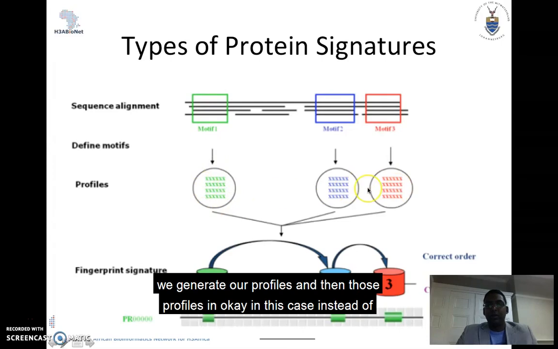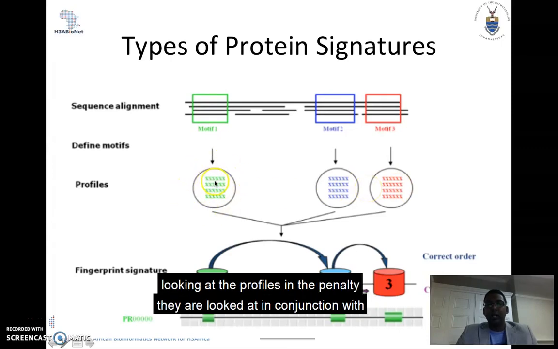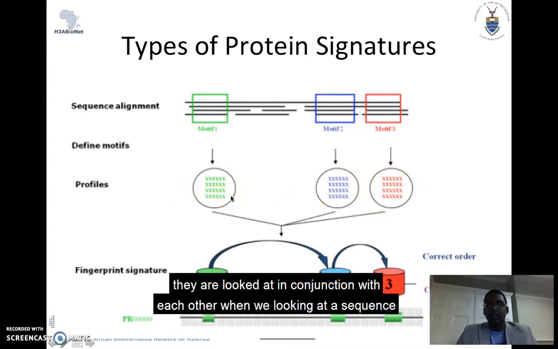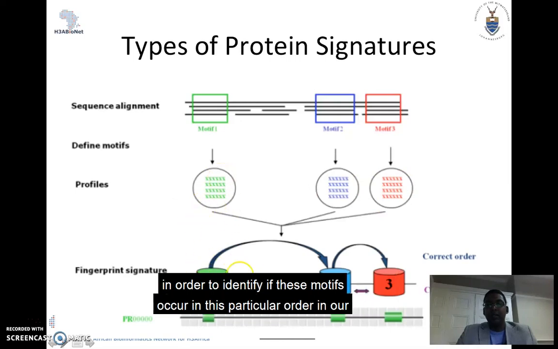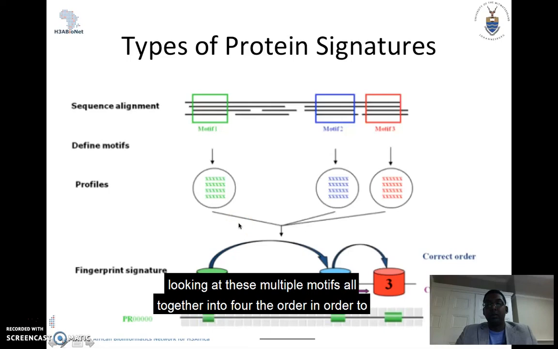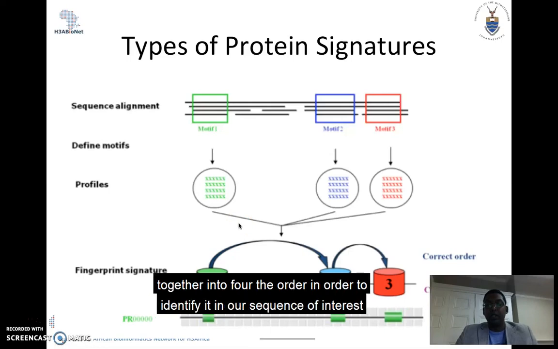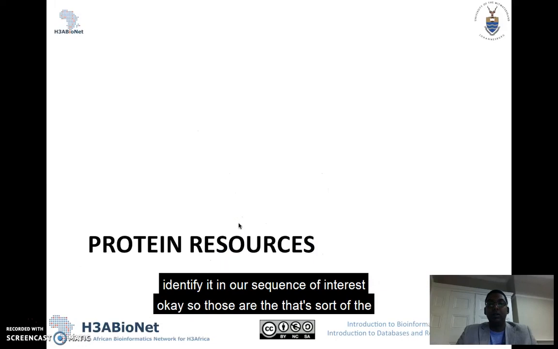And then those profiles, in this case, instead of looking at the profiles independently, they are looked at in conjunction with each other when we're looking at a sequence in order to identify if these motifs occur in this particular order in our sequence of interest. So again, it's looking at these multiple motifs all together in a particular order in order to identify it in our sequence of interest. Okay.